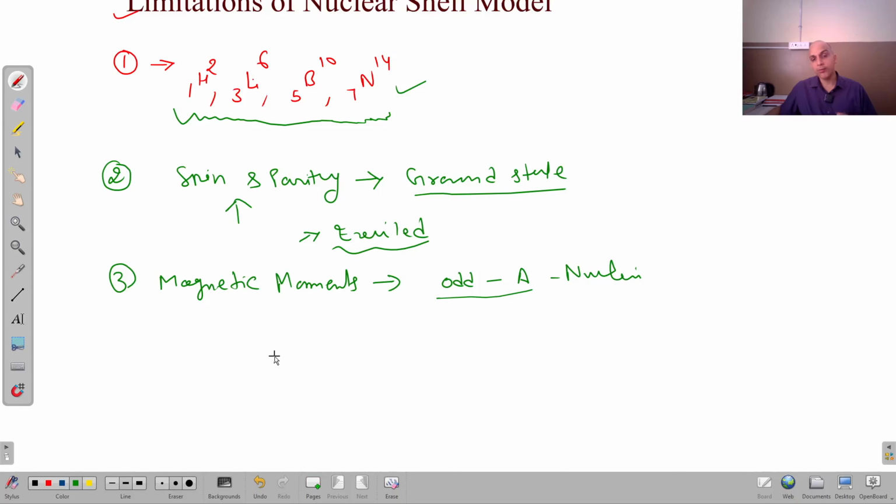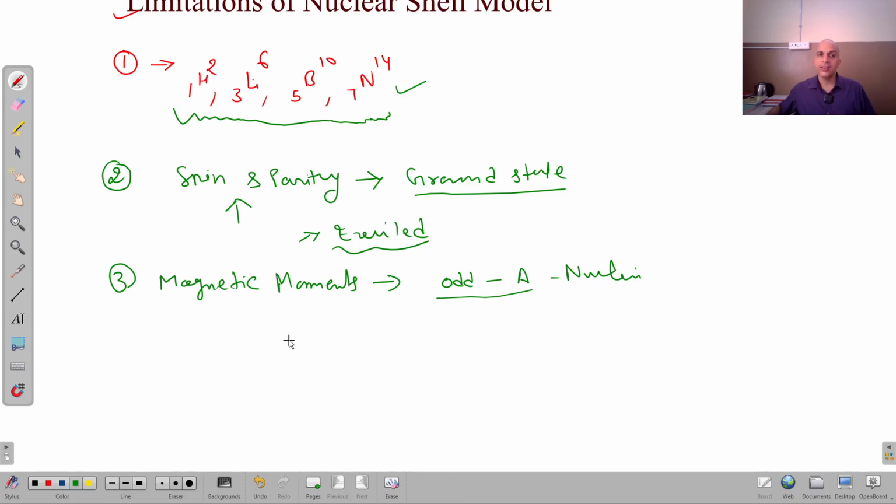Although this model was able to make rough predictions about the magnetic dipole moments, we can't say that the magnetic dipole moments predicted by this model are exactly correct. There were deviations from the theoretical predictions. Large deviations were observed in the case of some nuclei.